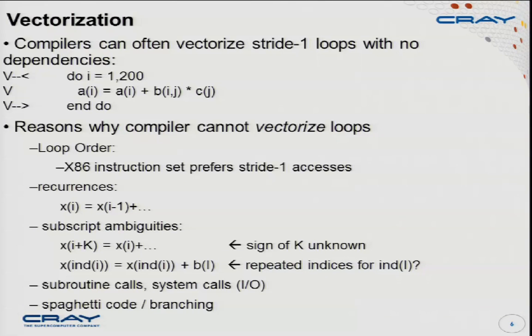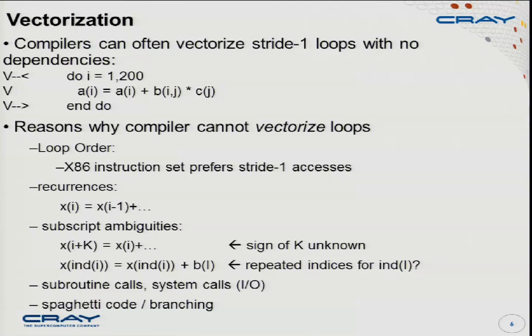But why can't it vectorize? Loop order. If you have I, J, K, and I is the leftmost dimension, the fastest moving stride 1 dimension, J is not. If J was the innermost loop and you didn't have a clean stride 1, well, they don't really have good instructions for loading strided data, so the compiler may choose not to vectorize that.